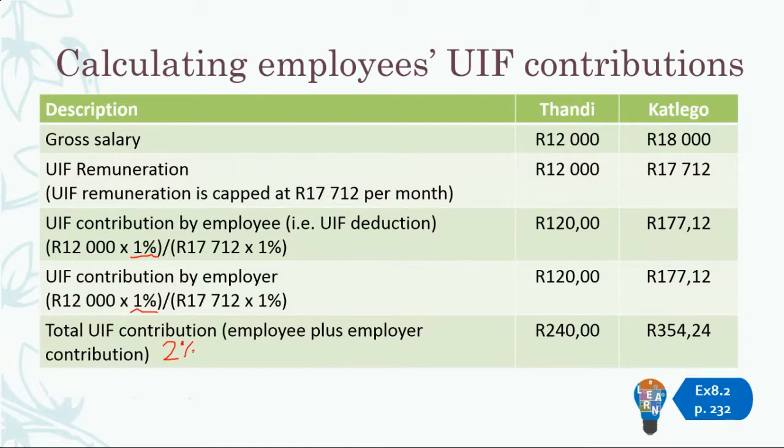So if they ask you this, like in a multiple choice type question, you need to read very carefully if it is in total or if it's for the employee or the employer. If it is in total, it's 2%. If it is only the employee or the employer, it would be 1%. Okay, so that is just something to remember.